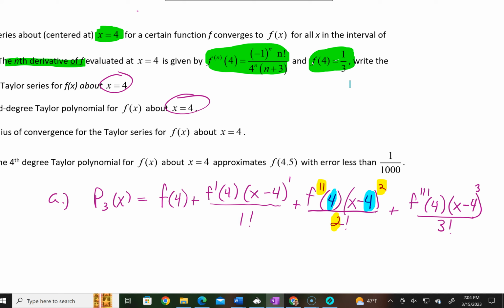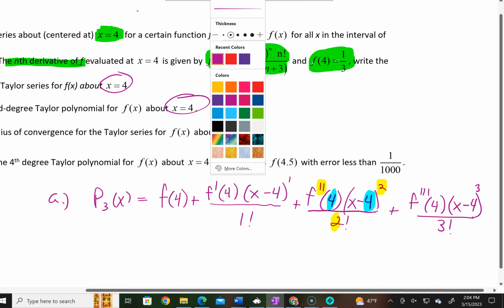So this is just the template on how to get a third degree Taylor polynomial. By the way, should I keep going beyond this right now? No way. I'm not finding an infinite series. I am getting a polynomial of degree 3. That means stop when your highest power, that exponent, is the third power. Are we okay with that?